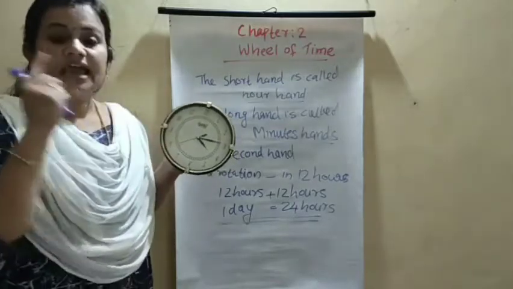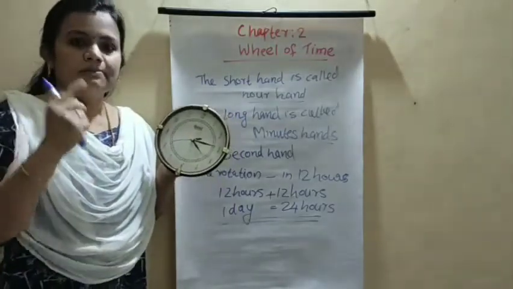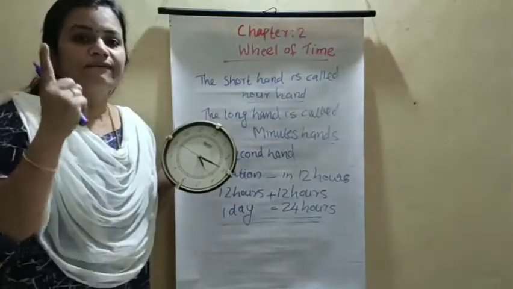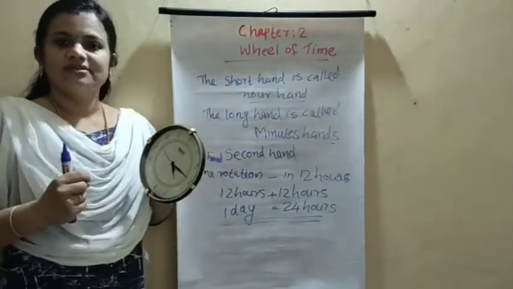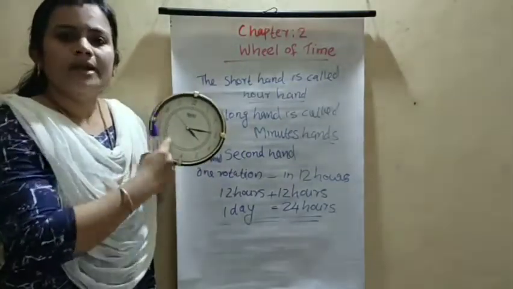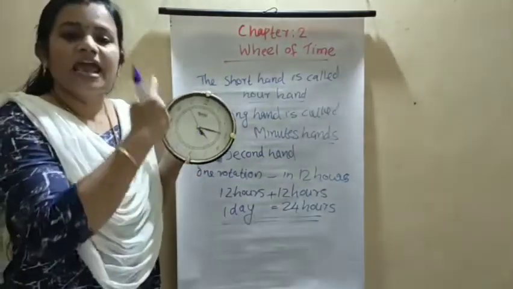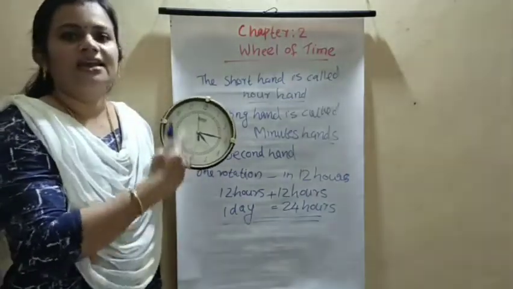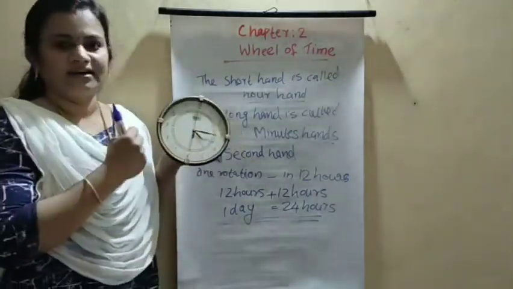In the minute hand, completing one rotation is called what? 1 hour. Understood? Then the minute hand moves from one marking to another. It completes one rotation in 1 hour.